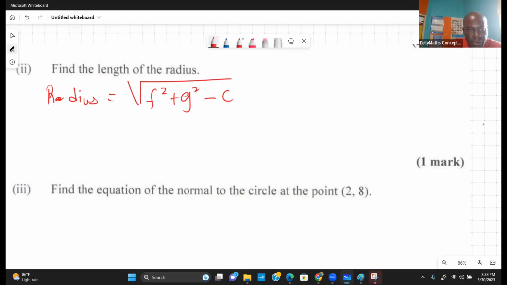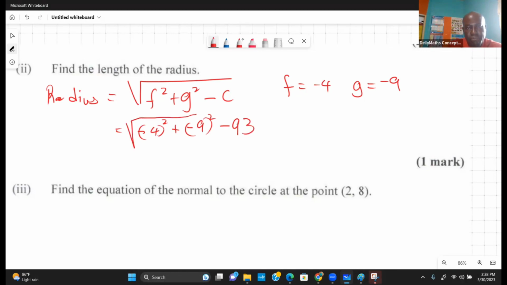So in this case, remember our f is negative 4 and our g is negative 9. So we're talking about negative 4 squared plus negative 9 squared, and then we minus c. C is 93.